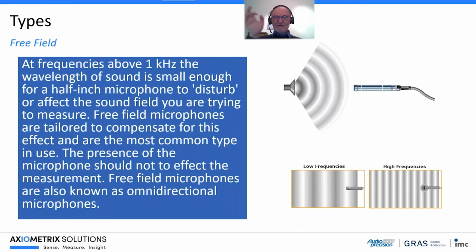But from the factory, we have made the microphone so that we compensate for this pressure buildup at higher frequencies. Therefore, the free-field microphones are designed to have as flat a frequency response as possible in the free field.